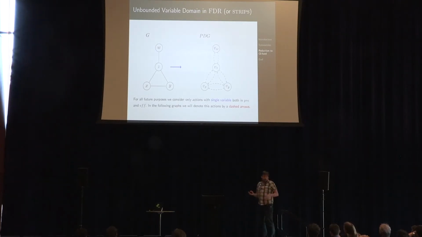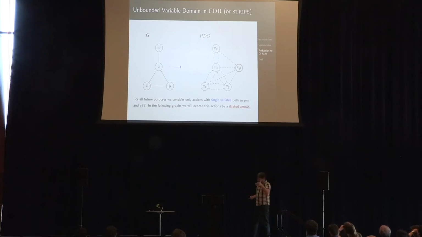Nice. Now we have facts, we have actions. All we need is a variable and a goal. That's our goal. The goal can be mapped only upon the goal because we want our automorphism to be goal preserving. That's our variable. And that's it. So you give me a graph, I give you a planning task with one variable and the same automorphism group. The only problem is that the domain of this variable won't be bounded, which is kind of frustrating.